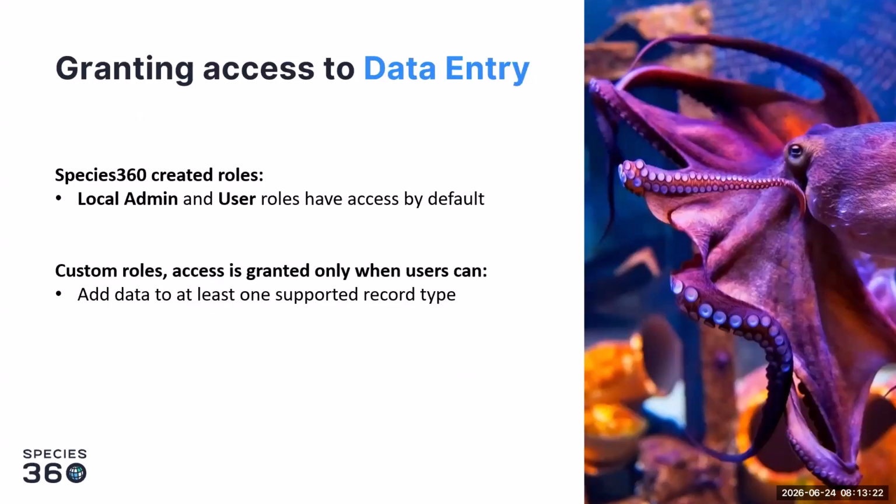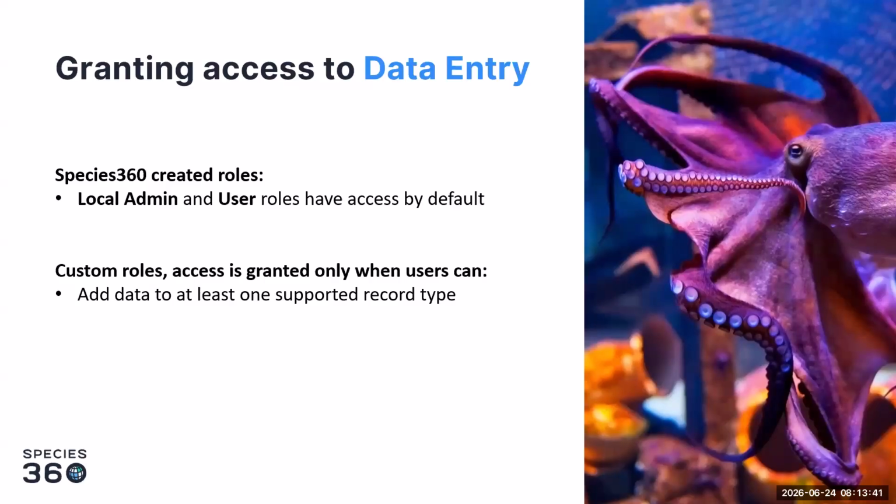When we think about getting access to just the mobile data entry workflow, irrespective of the provisional data entry, if you have the local admin or user role assigned, you'll have access to data entry by default.